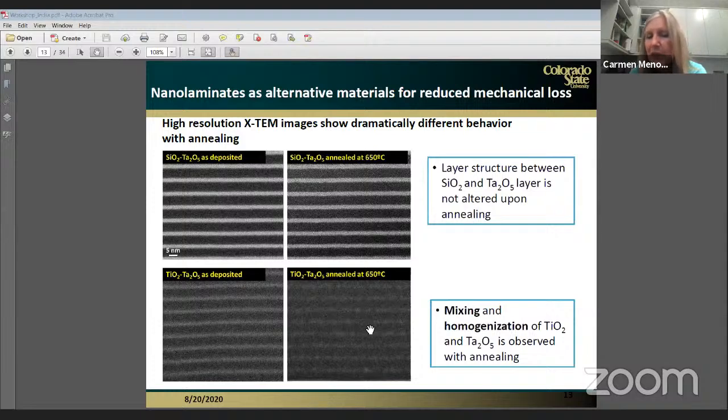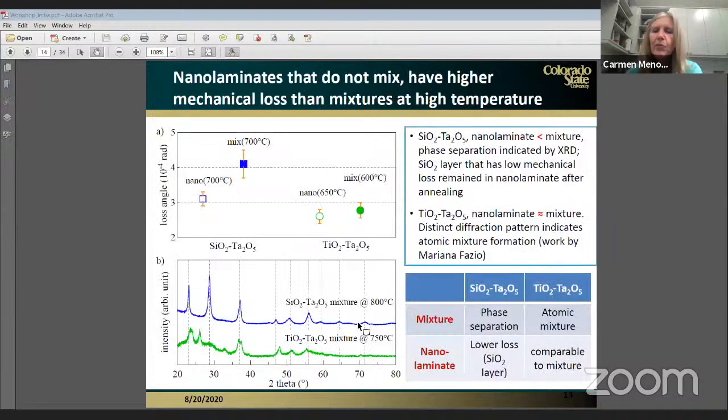And this happens because there is mixing and homogenization of the titanium dioxide into the tantalum pentoxide with annealing. Interestingly, whenever we have this mixing process, as we saw before, is when we get the lowest mechanical loss. And in the case of the nanolaminates, we are seeing exactly the same behavior as in the mixture.